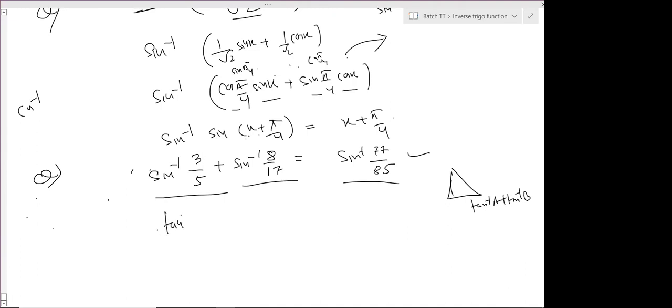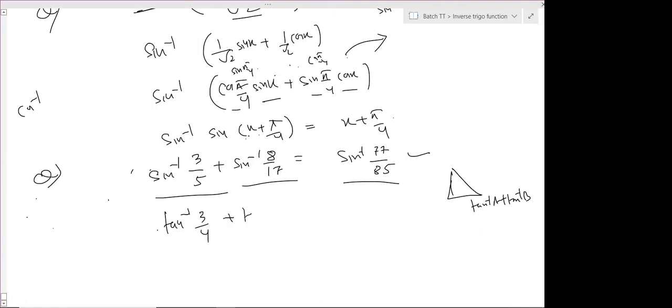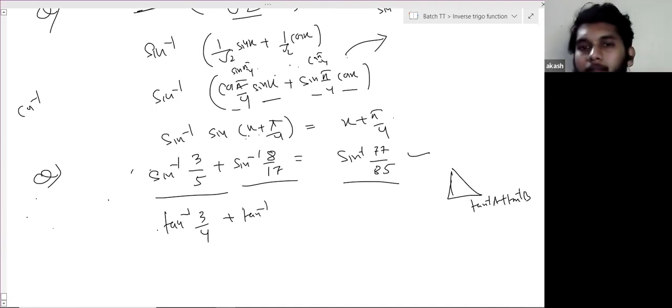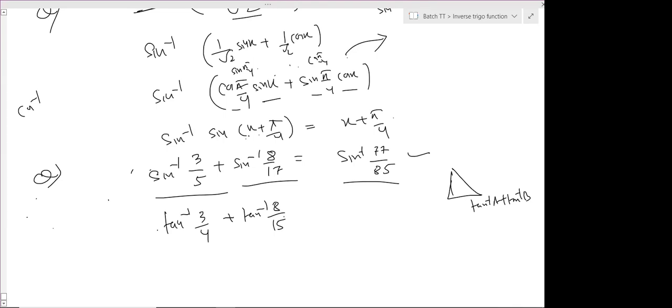So we can write this as tan inverse 3 by 5, 3 by 4. Right. This is tan inverse 8 by 15. Okay, sir. This is right. Yes or no?